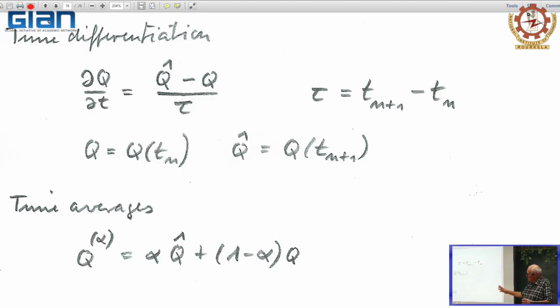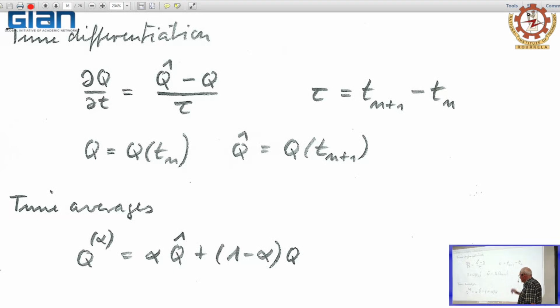So by changing alpha between 0 and 1, we can change the evaluation of the quantity between time step t_n and t_n+1. Alpha equals 1 means the new time step, and alpha equals 0 means Q at the old time step.